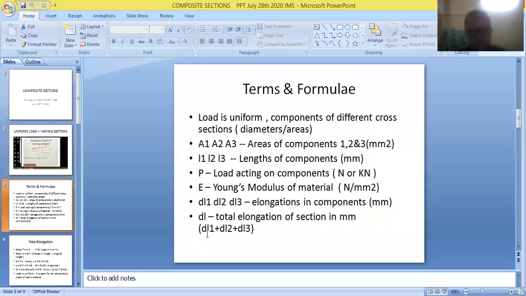DL1 is positive, DL2 is positive, DL3 is positive. So add up all the values, and you will get the total elongation of the section.